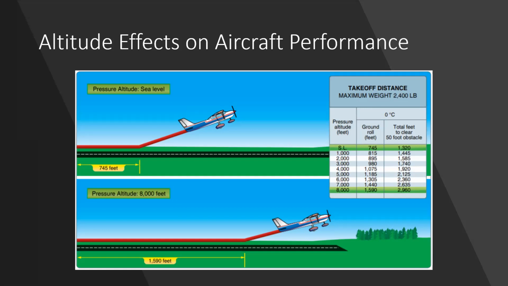The amount of runway that they need is a lot less down low than it is up high because of aircraft performance. And aircraft performance in much denser air is a lot better for various reasons, which we'll talk more about in the aircraft performance section. But just know that higher pressure is affecting the aircraft performance.